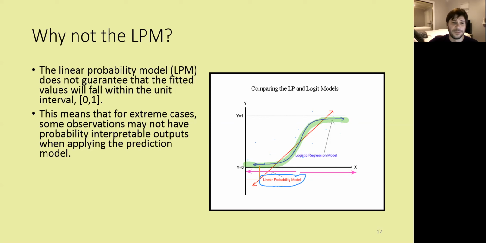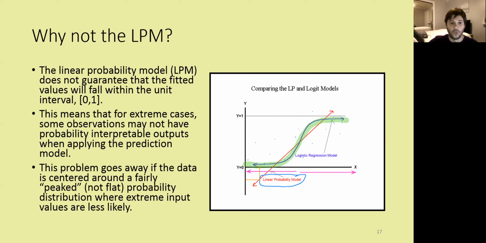Now, this problem is not as bad if we only plug in data that is very close to the center of the distribution, where the fitted values would fall along the red line and would not be outside of the 0 to 1 interval. That happens along the red line only in this range that I'm going to highlight in purple.